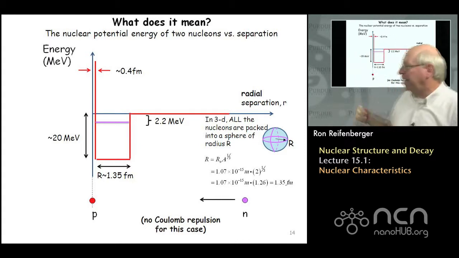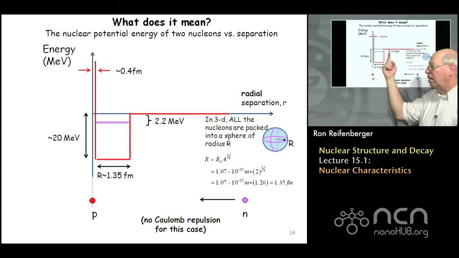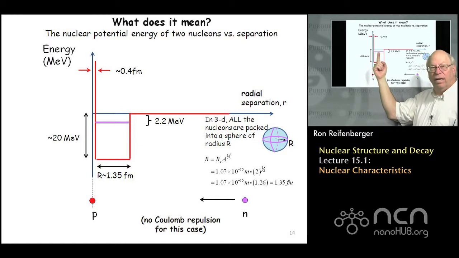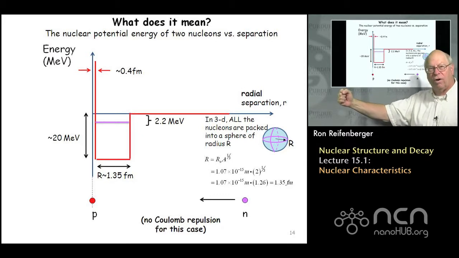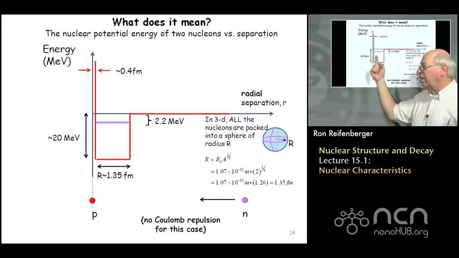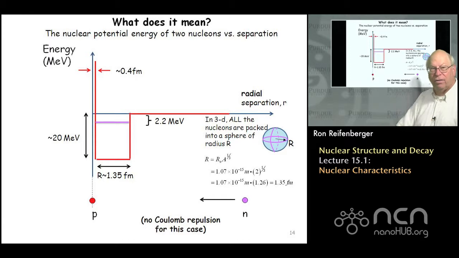So this binding energy tells you what the final state of the neutron is with respect to the state when the proton and the neutron are far apart from one another, right? The state has a negative energy because the neutron is in fact bound to the proton to form this thing we call the nucleus.